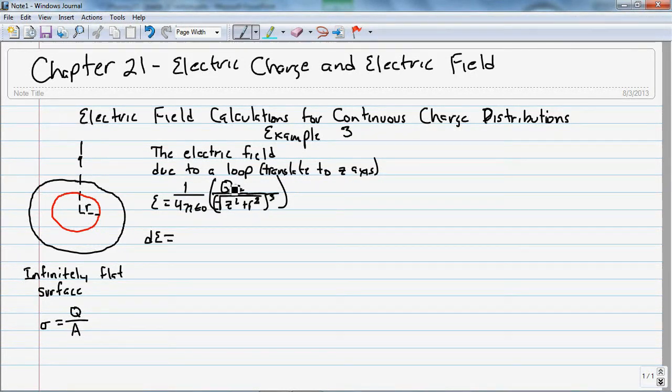I have constants at the beginning. The only thing I can take a differential of is Q. So I have 1 over 4 pi epsilon naught, and actually I can get rid of that 1 and put a z out there.